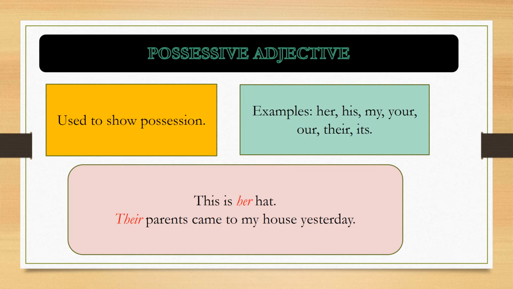Her is an example of possessive adjective. It belongs to her. Similarly, their parents came to my house yesterday. Their parents is also an example of possessive adjective.